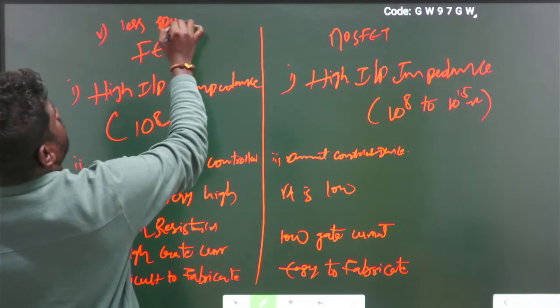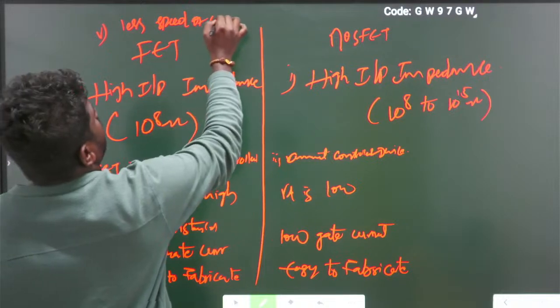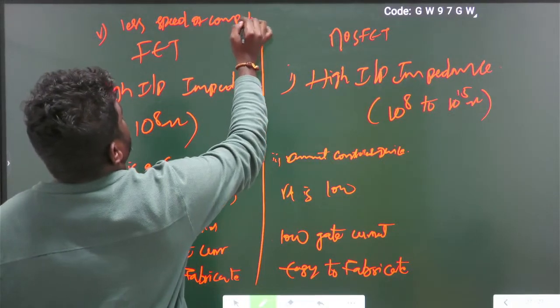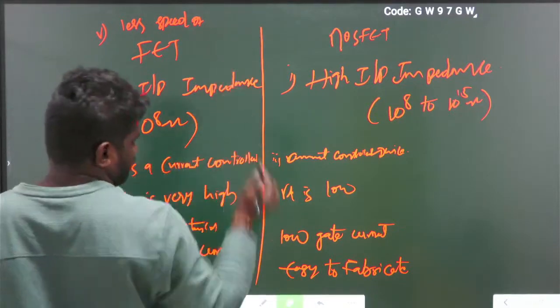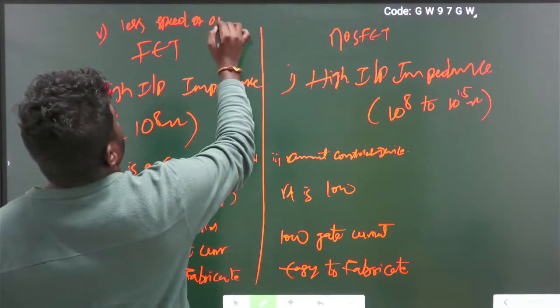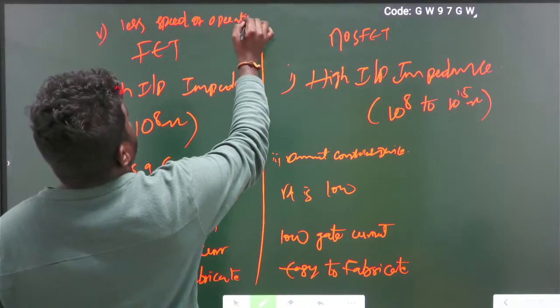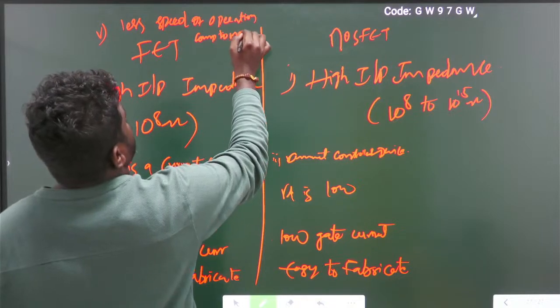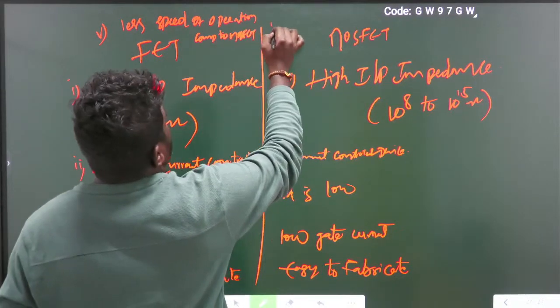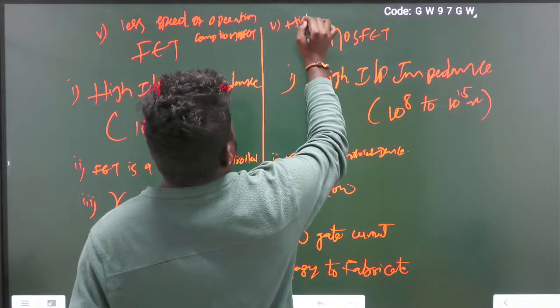FET has less speed of operation compared to MOSFET, which has high speed of operation.